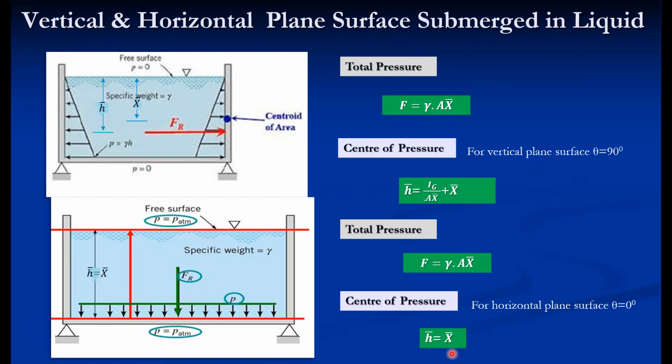In the second case, a horizontal plane surface, theta is 0 and sine 0 is 0, so the first term is eliminated from the generalized inclined plane expression. So h bar is equal to x bar. These are the expressions you have to memorize for solving numericals as well. The only difference is in the expressions of the center of pressure, or h bar.